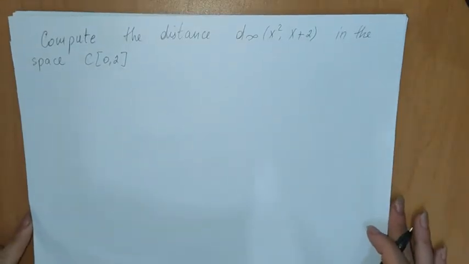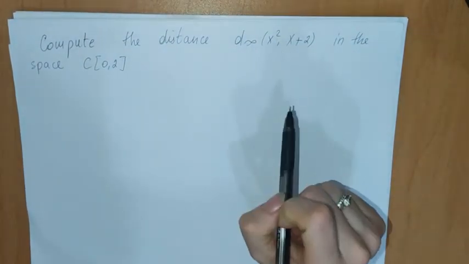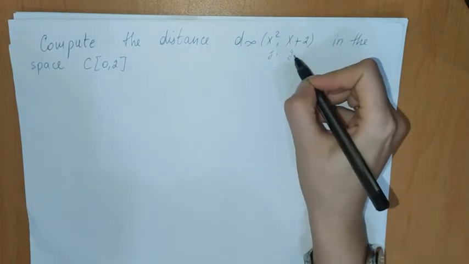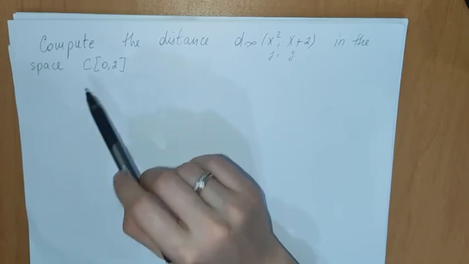Next question. Compute the distance d infinity between x squared and x plus 2. This is f and g in the space C[0,2].